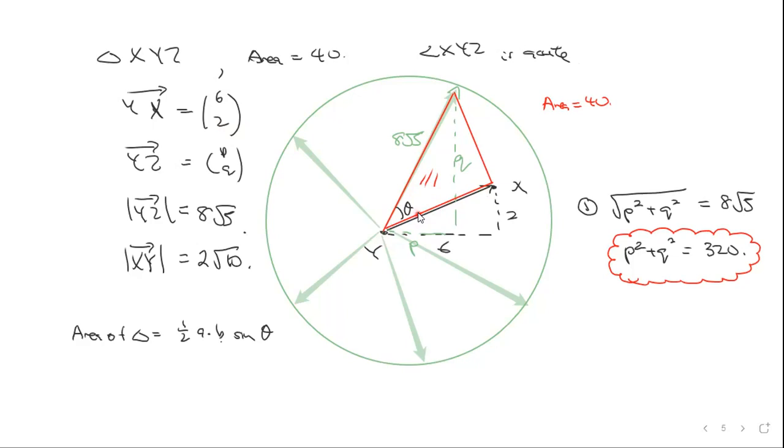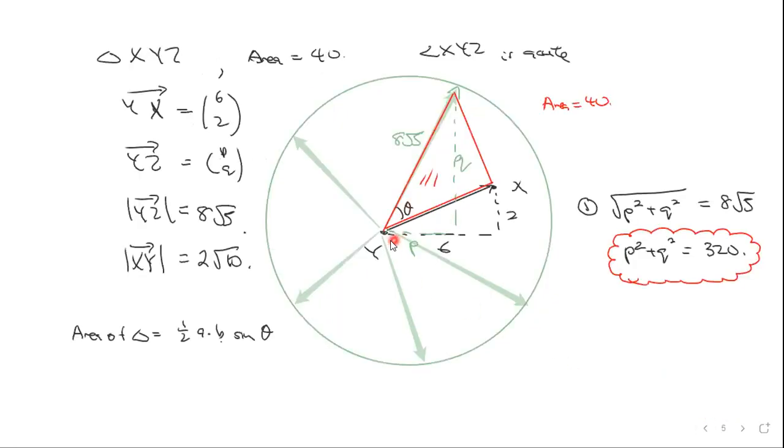Okay, but that's not too hard either, because you might remember that there's a relationship with the dot product. If you've got a vector A and a vector B, then A dot B is equivalent to the length of A times the length of B times cos theta. So that therefore means that if we try to work out cos theta, that'll be A dot B over the length of A times the length of B. And of course, in this context, that's going to be XY and XZ.